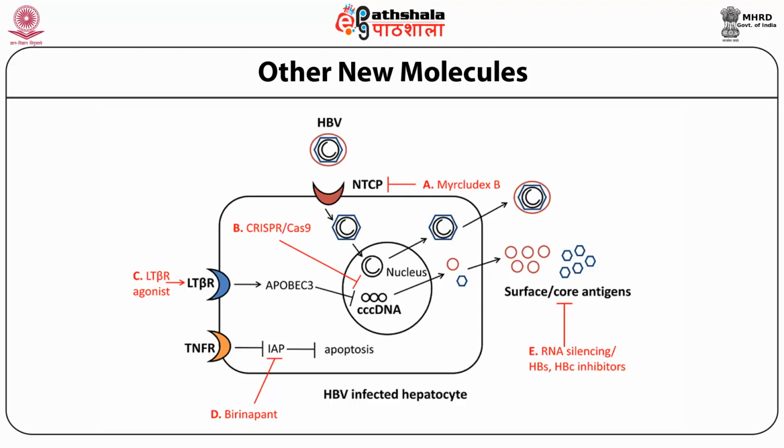Another is the CRISPR-Cas9 action which can inhibit the cccDNA. RNA silencing can be used as biotherapy, which can act as an inhibitor for surface and core antigens. Many other new molecules are coming for antiviral capacity in hepatitis B virus infection.